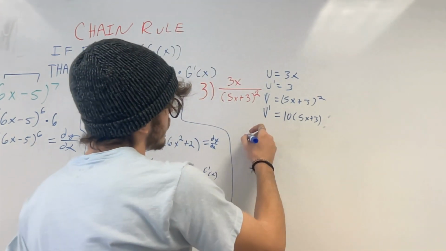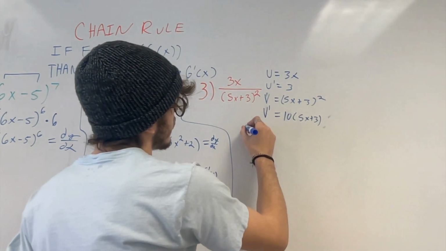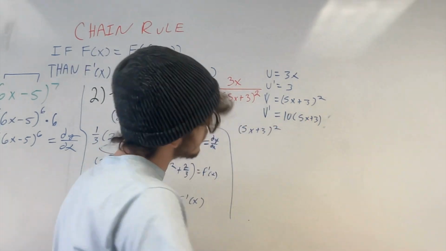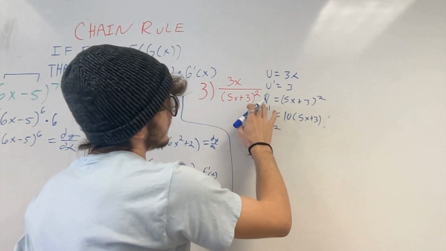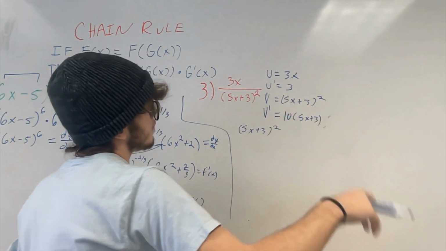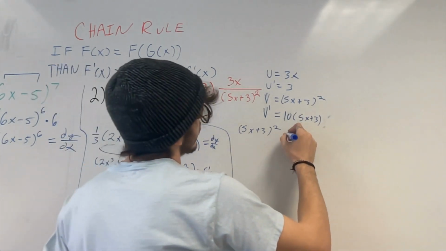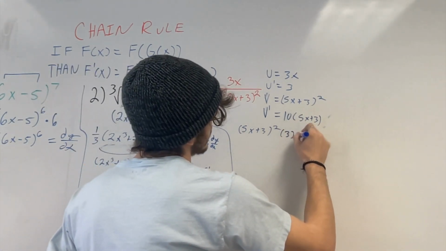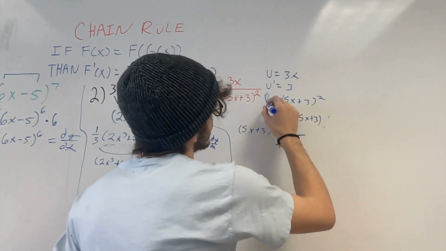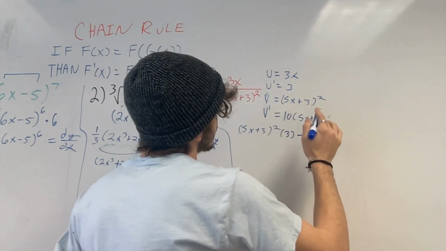So we know that it's (5x plus 3) squared, and I'm setting up a quotient rule, by the way. We know it's v u prime minus v prime u. So that there times 3 minus, and this will be minus, oh geez, I'm brain farting.